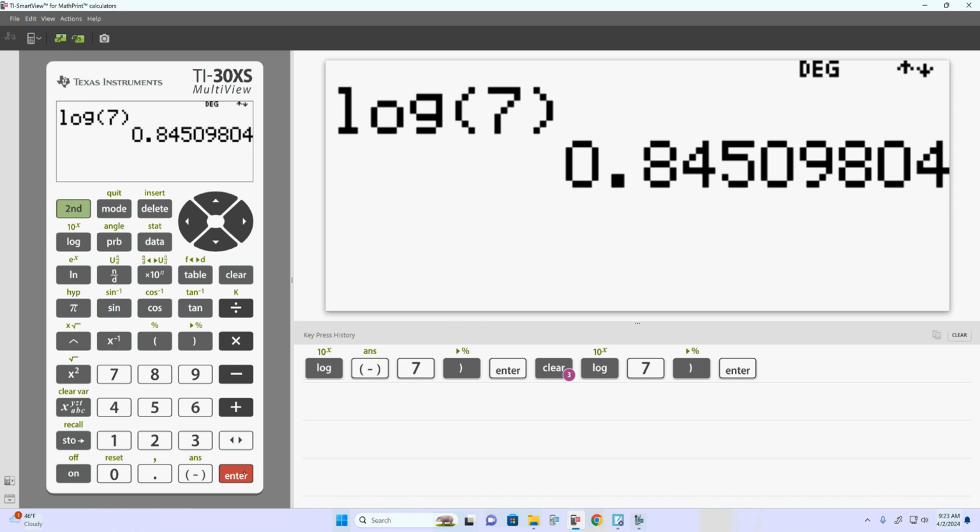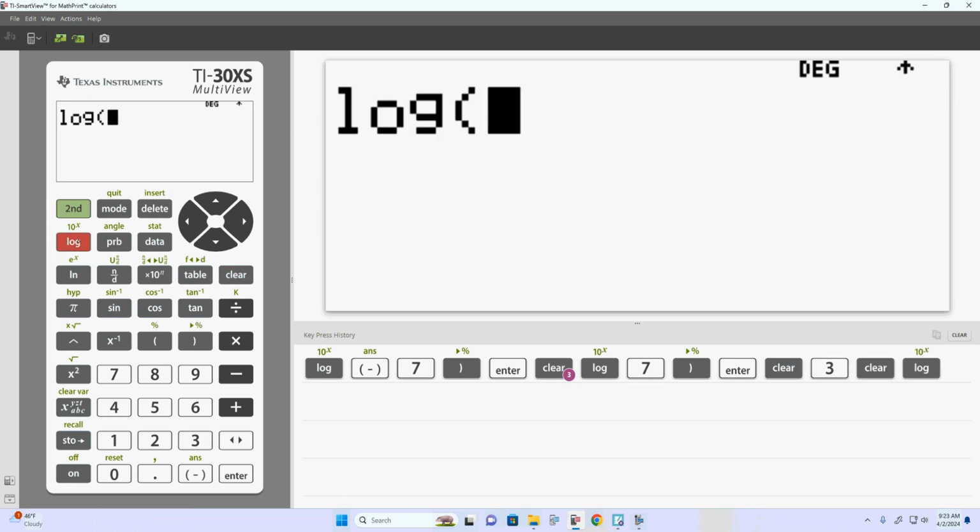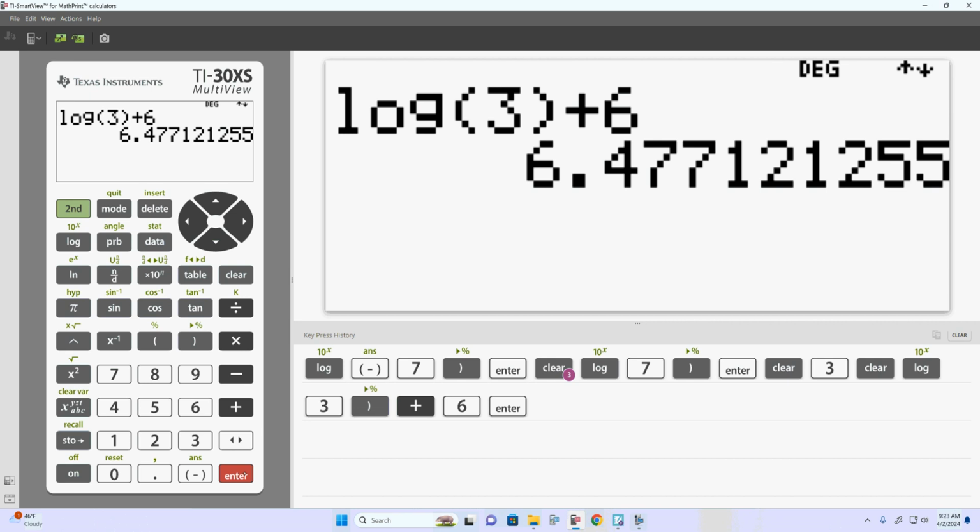Logs, L-O-G, just log, if whatever's inside of it is some power of 10, so 10, 100, 1,000, 10,000, or the fractional version, will work out to a nice number, because that's how they work with our properties. Natural log, unless it's e to a power, is not going to give us a nice number. E to any exponent is not going to give us a nice number.